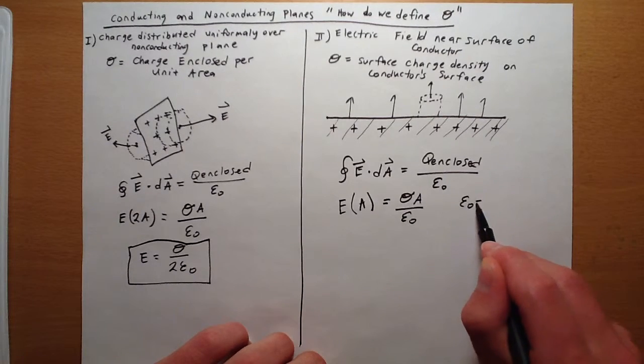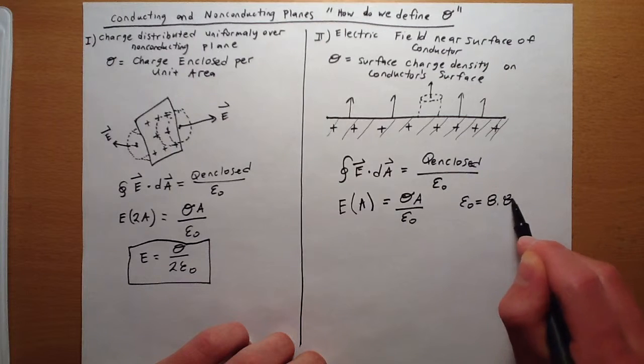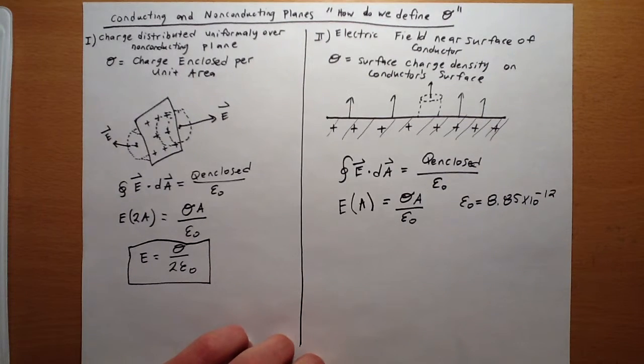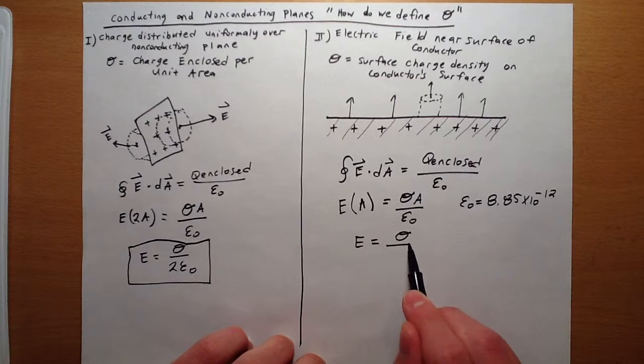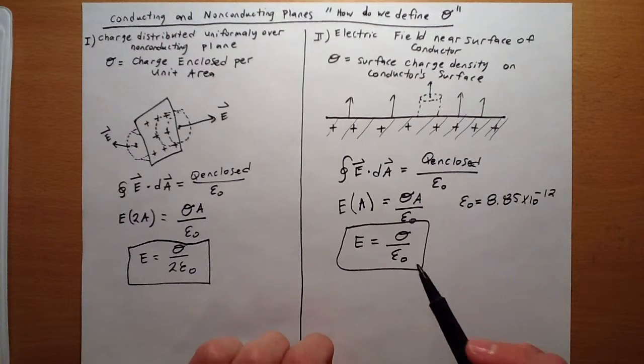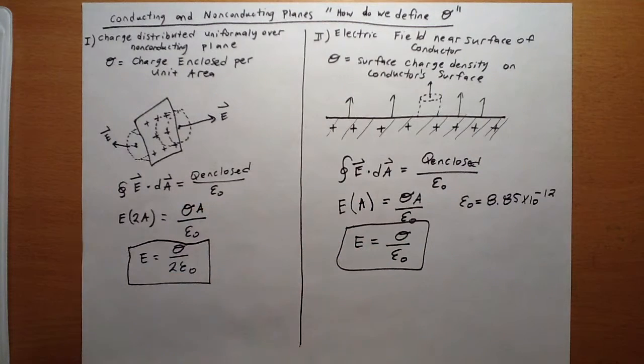Sigma naught, we know, is 8.85 times 10 to the negative 12. When we solve for the electric field, we get omega over sigma naught. So two different plane equations for two different versions of omega.